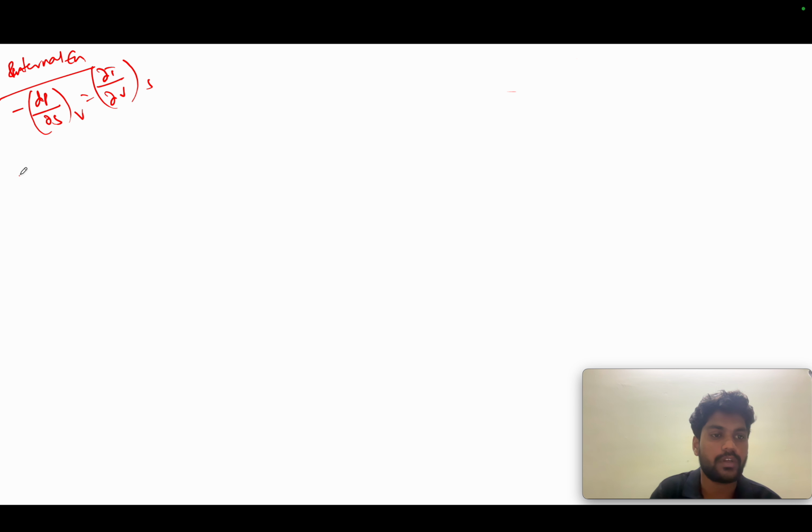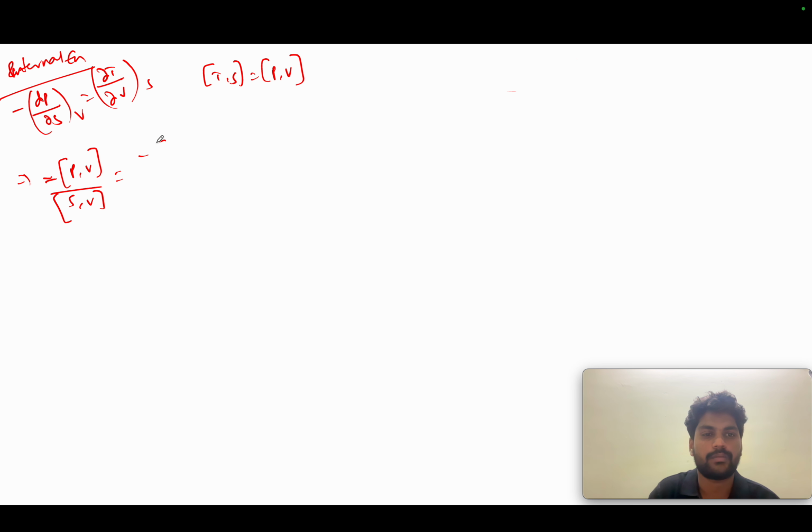So this you can easily prove it, minus of (p, v) / (s, v). So we said that (t, s) = (p, v). So this will go easily as minus (t, s) / (s, v). So we are seeing that 2 terms are equal, so keep this together, so it will become plus.